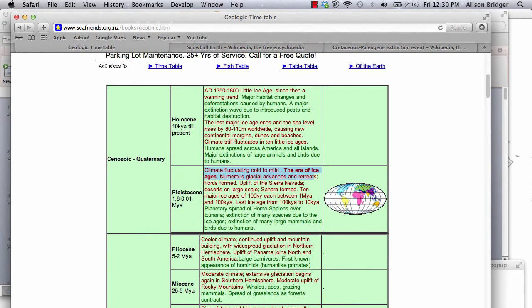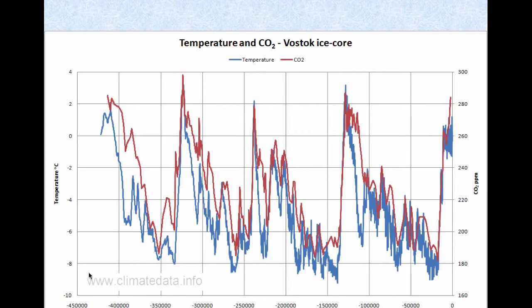We're talking about 45,000 years ago, so we're somewhere in here in the Pleistocene. On the left-hand axis, in blue, is temperature, and the zero temperature line is way up here. If you look at just the blue line, anything below the zero line is colder than now, and anything above is warmer than now.